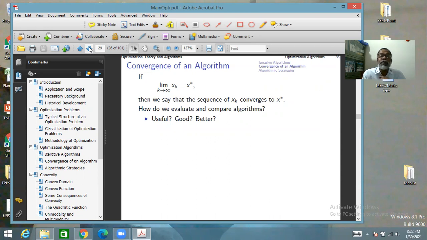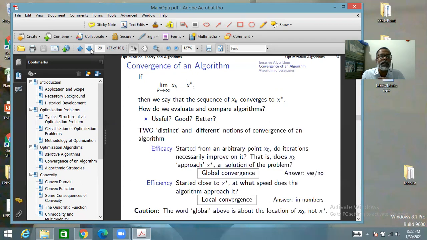Then we will compare on several bases: whether they are useful, whether they are good or better than another. To work out these qualitative notions, we work with some quantitative, concrete ideas. Let us see what those are.